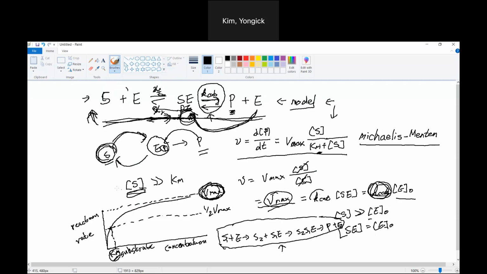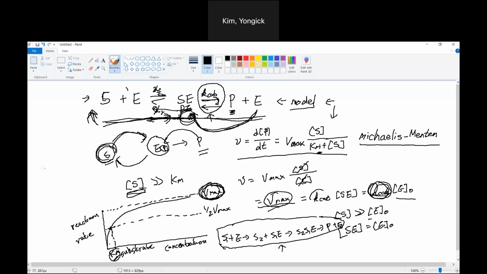Okay, and also in the very old days, nonlinear regression was very difficult. Right now it's very easy because we have computers, but in the very old days it was a little bit difficult to get the nonlinear regression curve.